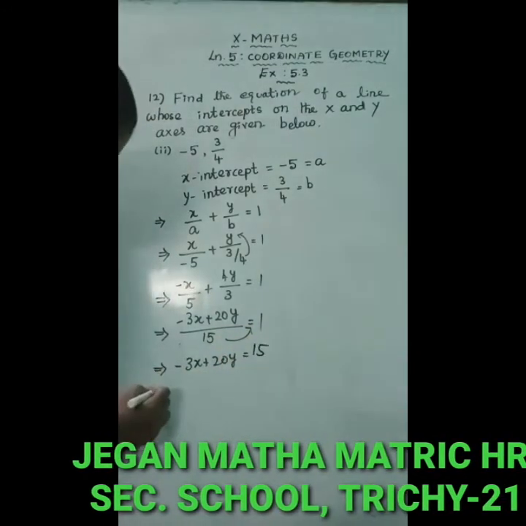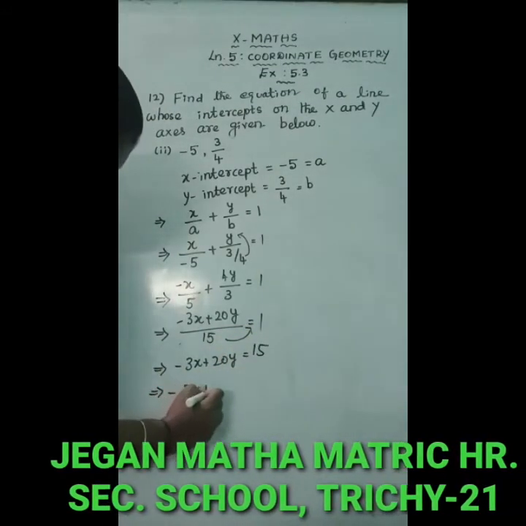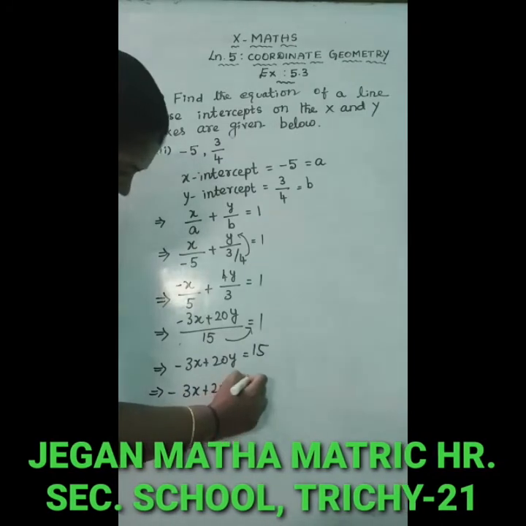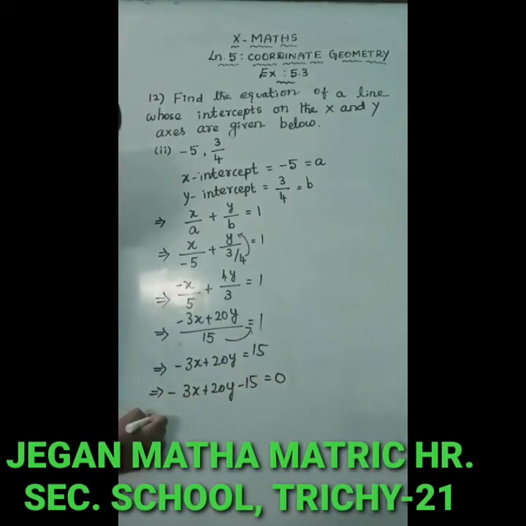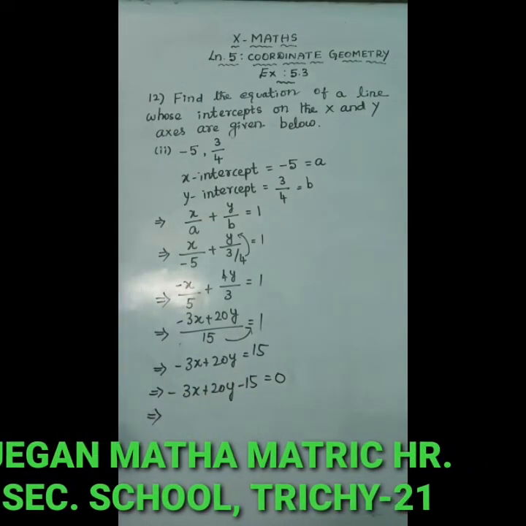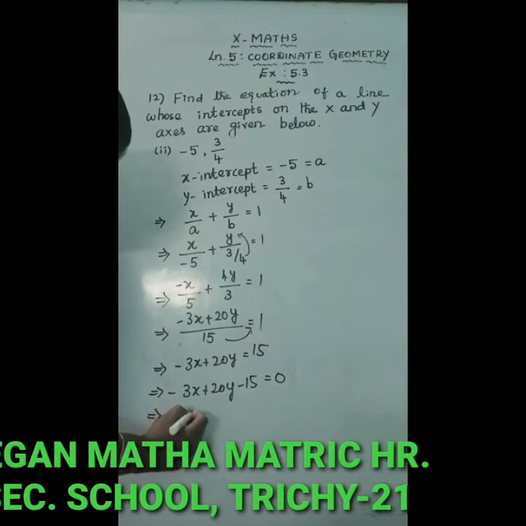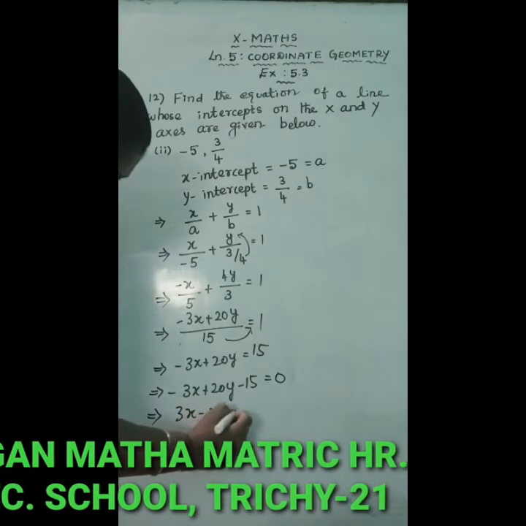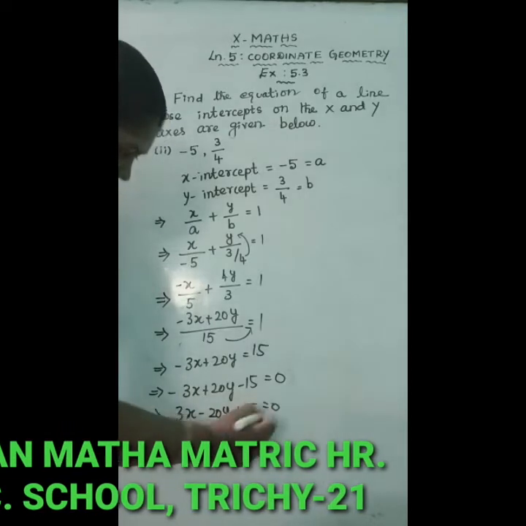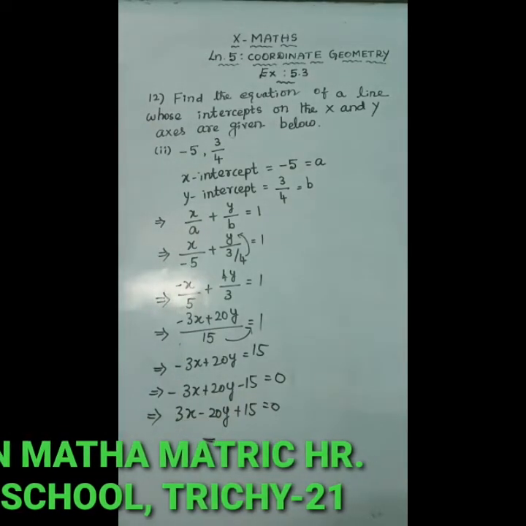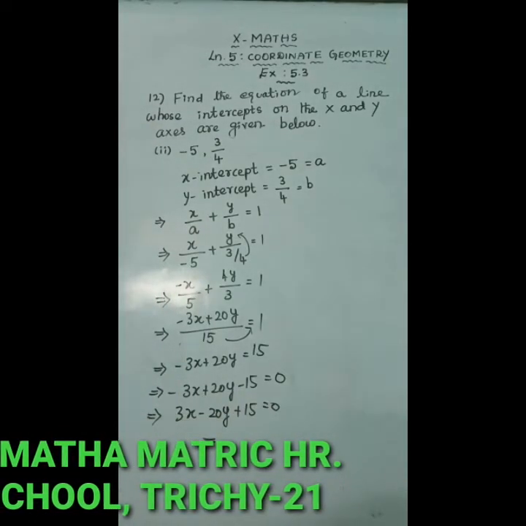So, minus 3x plus 20y minus 15 equal to 0. Multiplying by minus, we have 3x minus 20y plus 15 equal to 0. So this is the required equation.